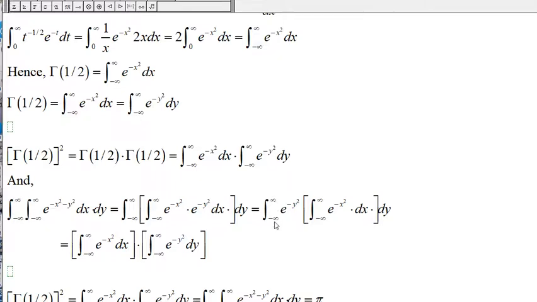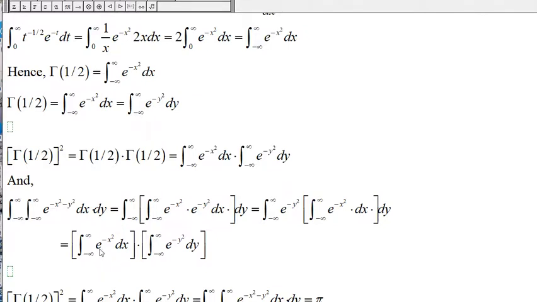And now look at the outside integral, it is with respect to y. But this piece here, there's no y here. And so we can consider it as a multiplication constant with respect to the outside integral. So we can move it and place it in front of the integral.